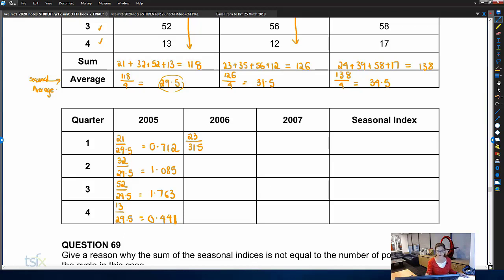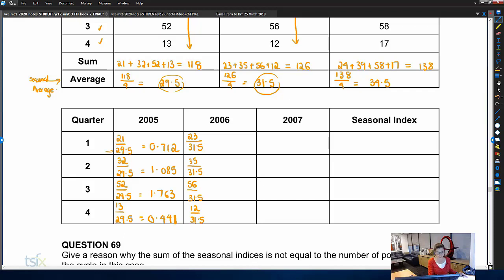So now for my second cycle, 2006, I need to take my entries from 2006, but I have to divide them by the seasonal average for 2006. You'll notice in every column, they should have the same denominator. So let's make sure that we're actually working this out correctly.